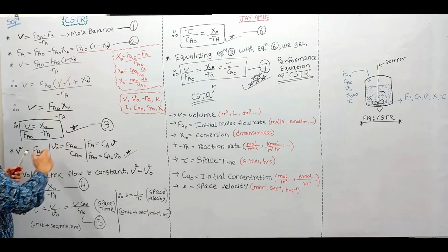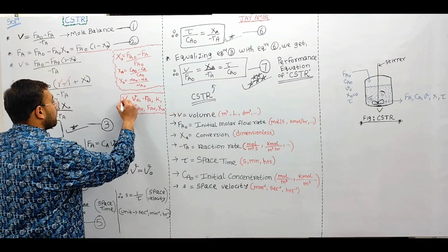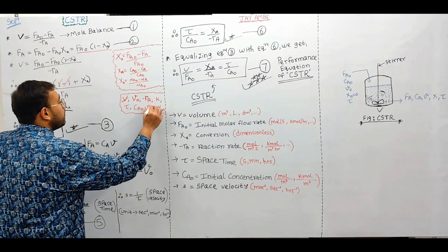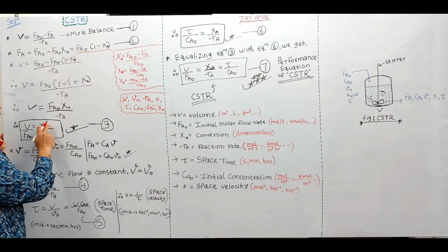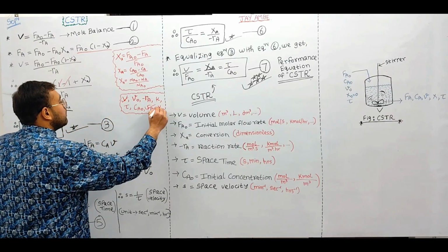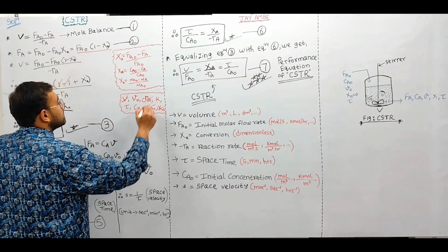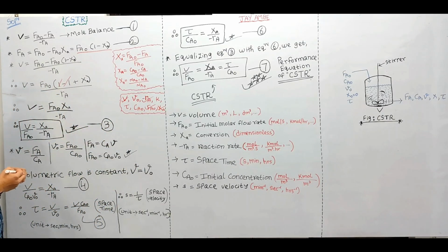In equation 3, we have the volume, the molar flow rate Fa naught, the conversion XA, and the rate of disappearance of reactants. What if we want to incorporate other terms into equation 3, how will we proceed?